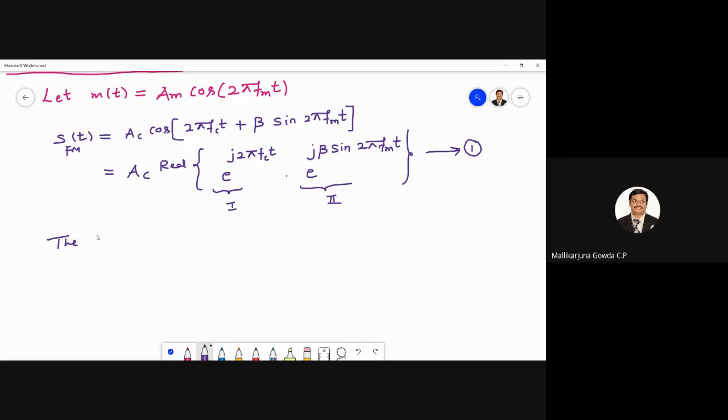So we can write the term e power j beta sine 2 pi fmt is periodic with period equal to 1 by fm.